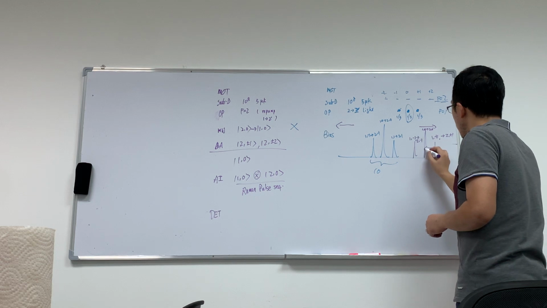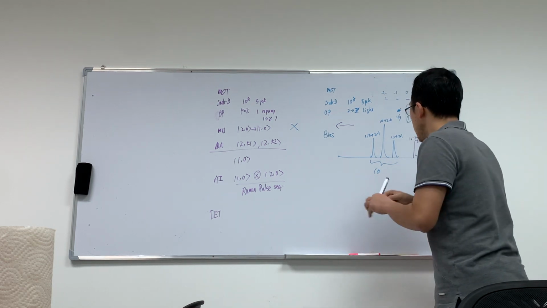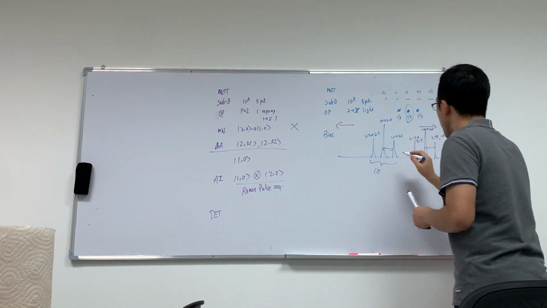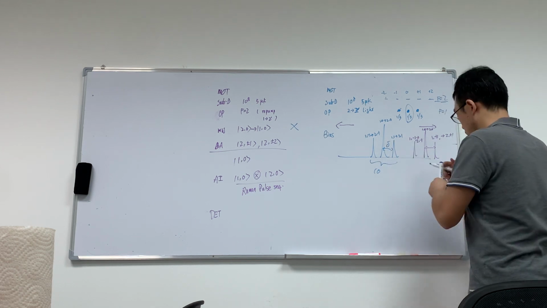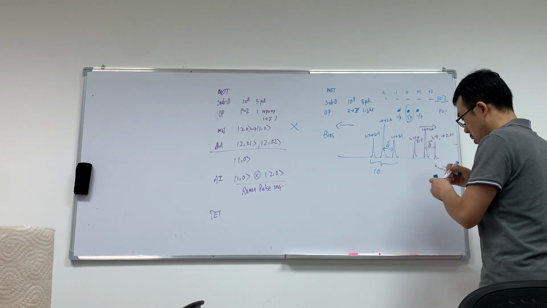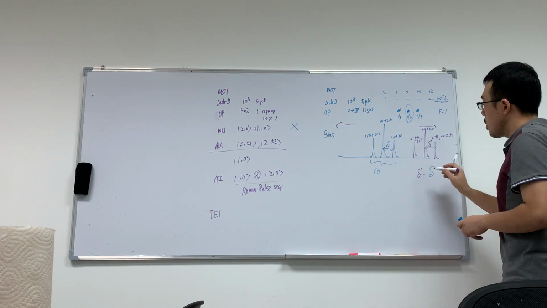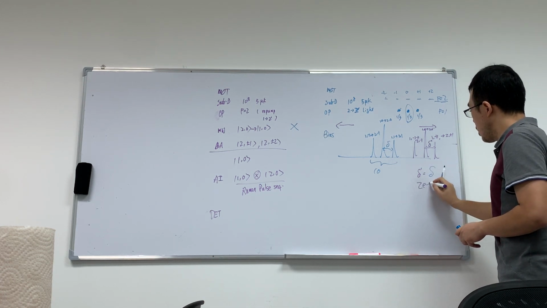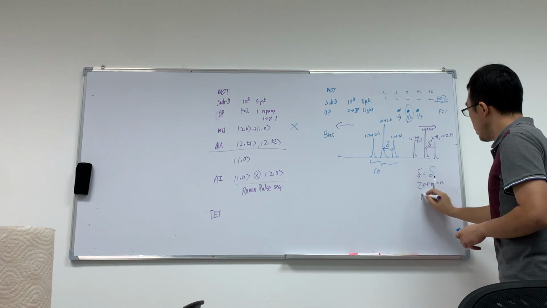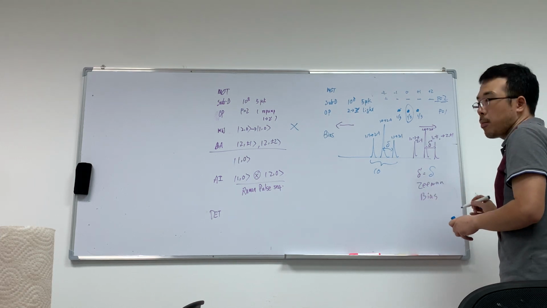And the spacing between these is the same, because this delta prime equals delta, since this is defined by the Zeeman splitting. This is defined by the bias field.